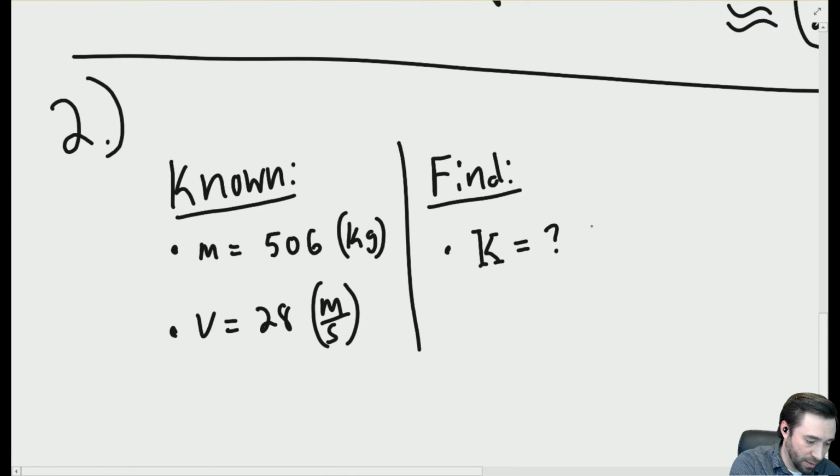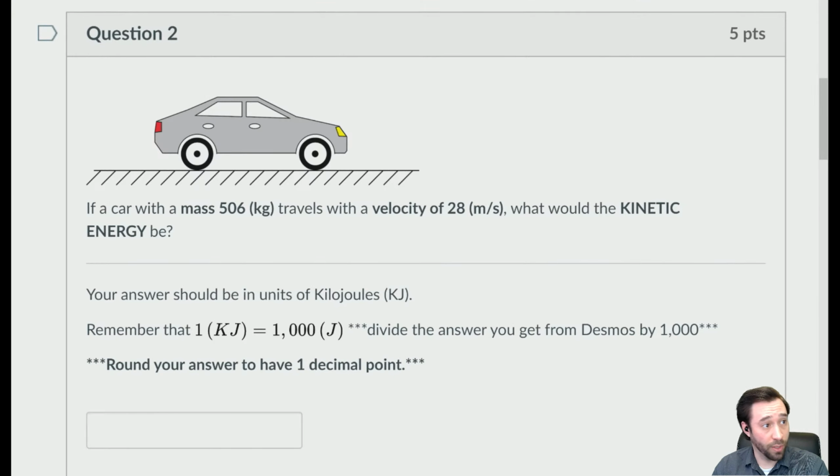Now if you read the question, it says your answer should be in units of kilojoules. So kind of like kilograms and grams. A kilogram is 1,000 grams, so therefore a kilojoule is 1,000 joules. So the answer that I'm going to get when I plug it into Desmos is going to be in units of joules. So in order to get units of kilojoules, I just have to divide that answer by 1,000. Okay?